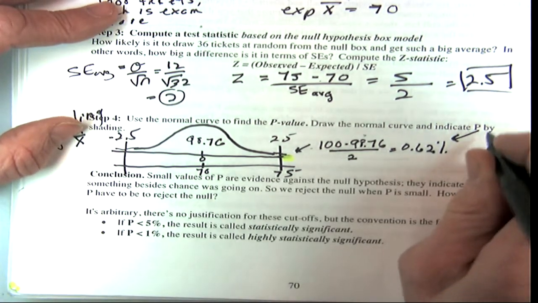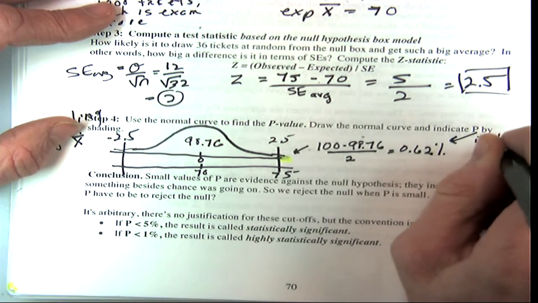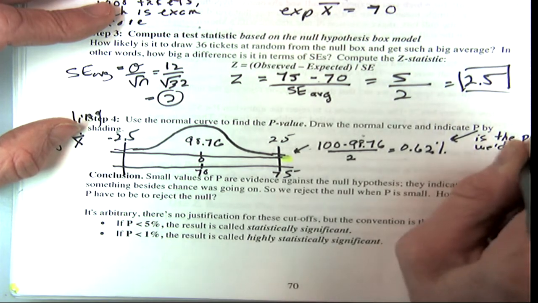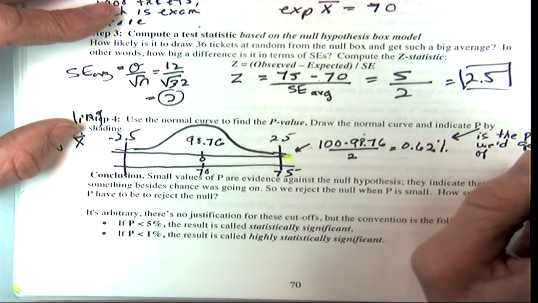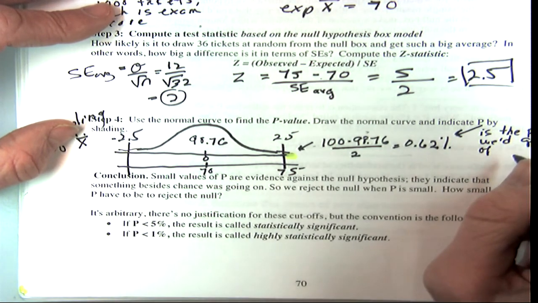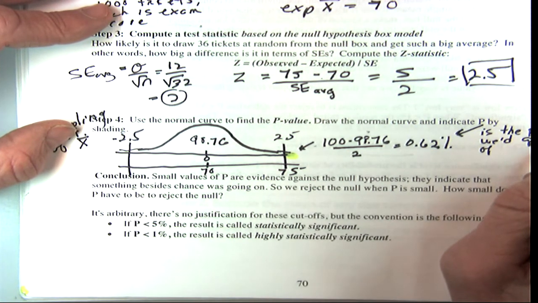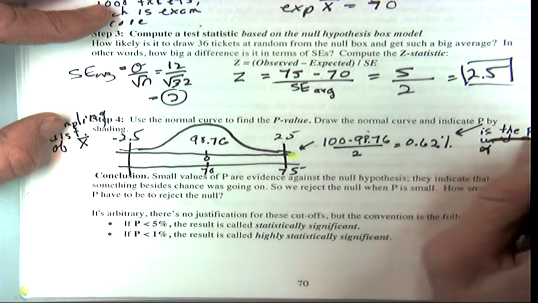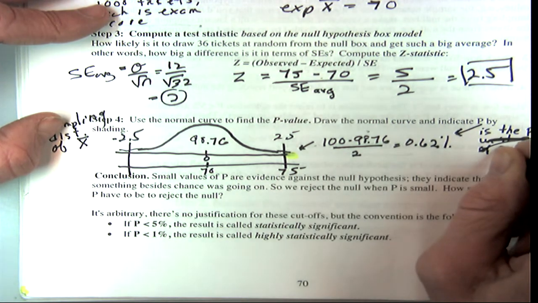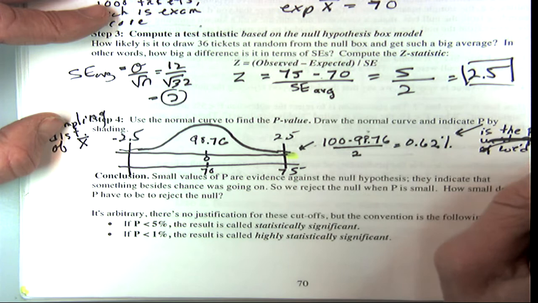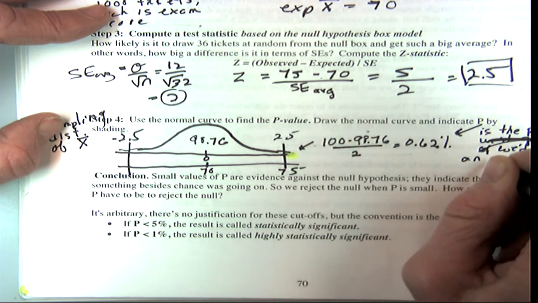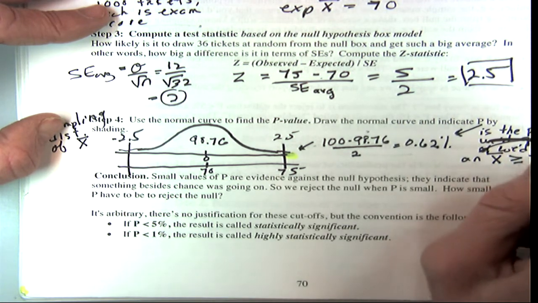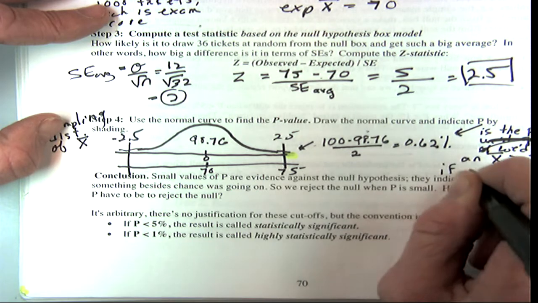P is the probability we'd see a sample average x bar greater than or equal to 75 if the null was true.